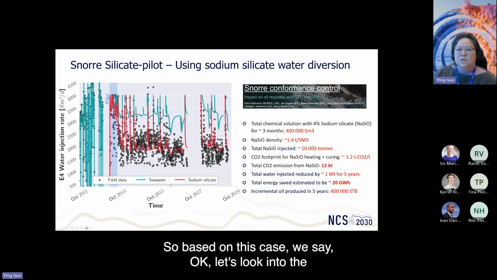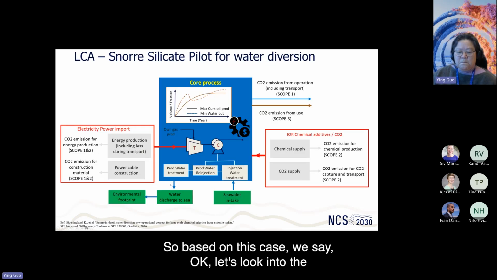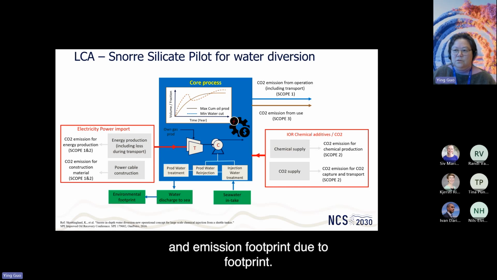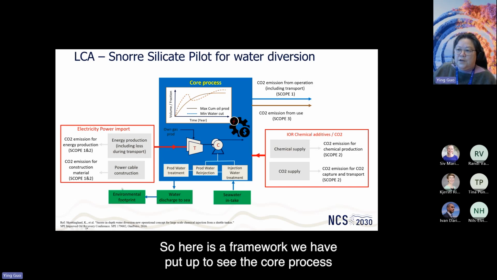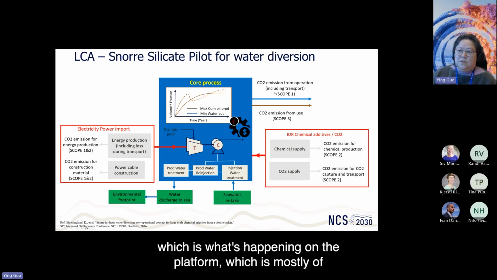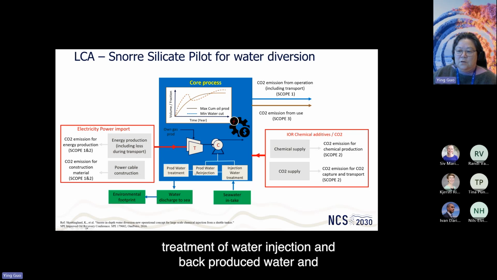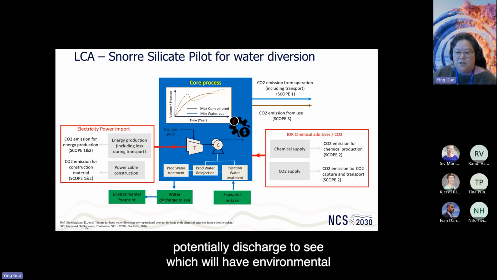So based on this case, we say, okay, let's look into the framework, and if this framework may help identifying the energy and emission footprint, CO2 footprint. So here is a framework we have put up to see the core process, which is what's happening on the platform, mostly the operations on the surface, but also including the treatment of water injection and back-produced water and potentially discharge to sea, which will have an environmental footprint.